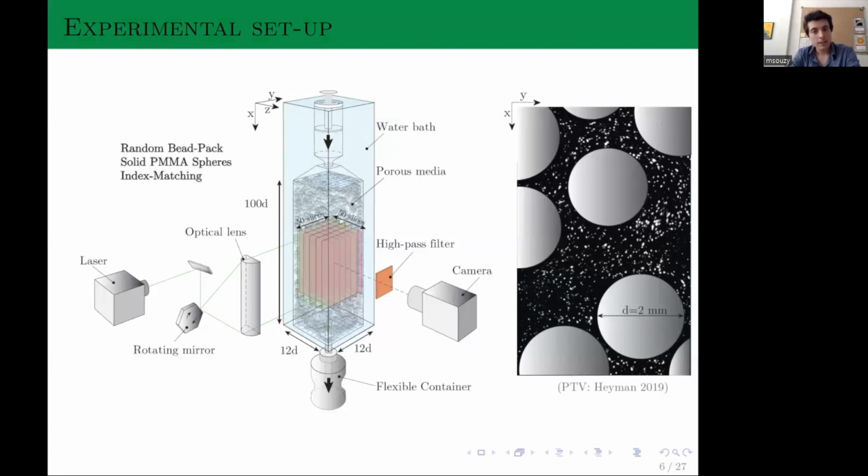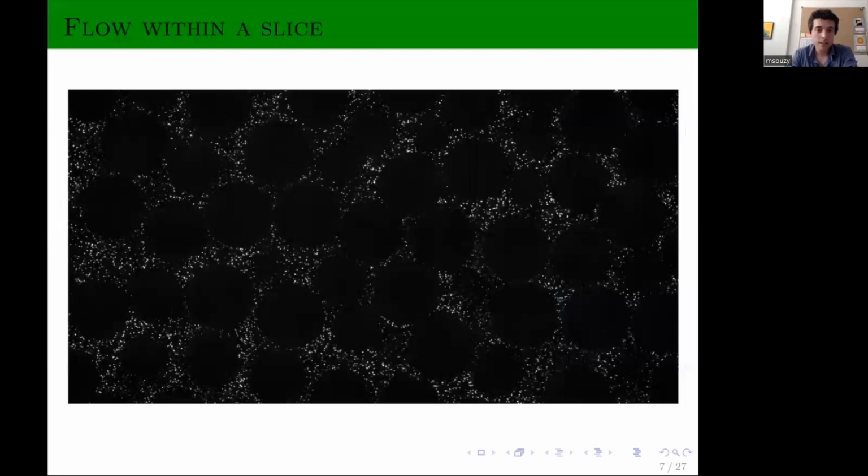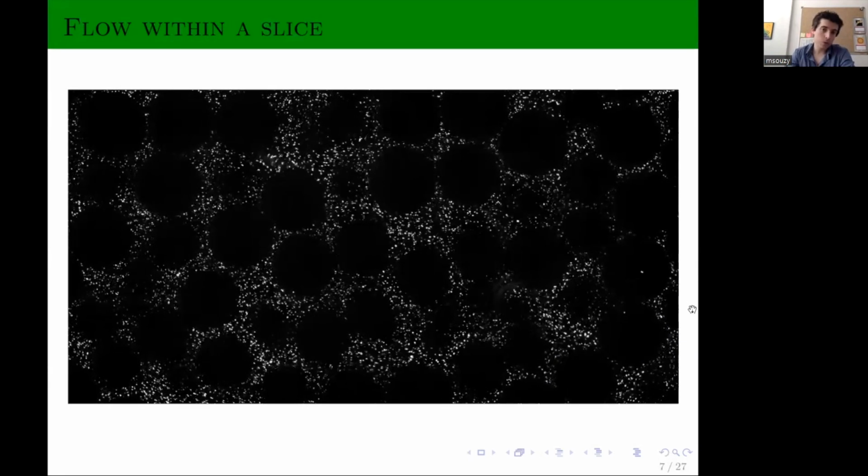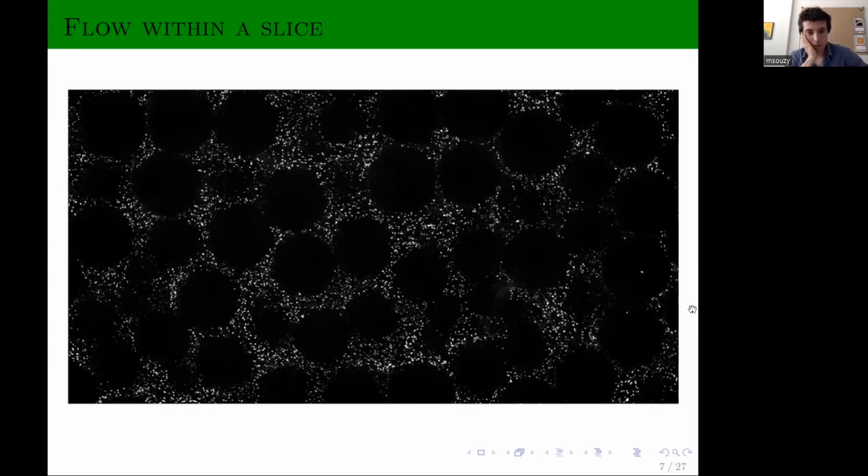And they are fluorescent, so by illuminating them with a horizontal laser sheet, which is made using a laser which hits a rotating mirror, we can visualize the flow within slices in the bulk of the 3D porous medium. So the idea is to perform a slice like you see on the right. This is typically an example of how the flow looks within a slice in the bulk of the medium.